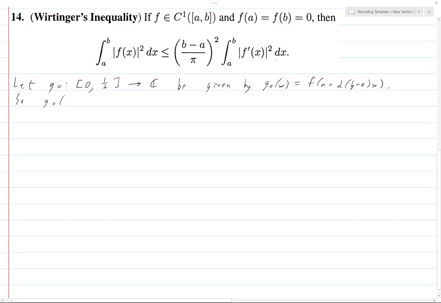So g naught of 0 equals f of a, and g naught of 1/2 equals f of b.